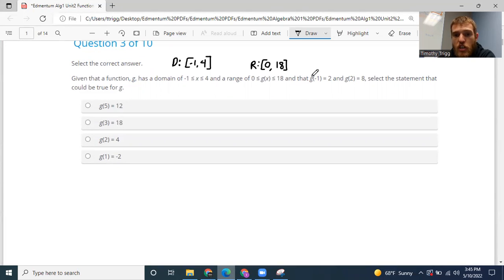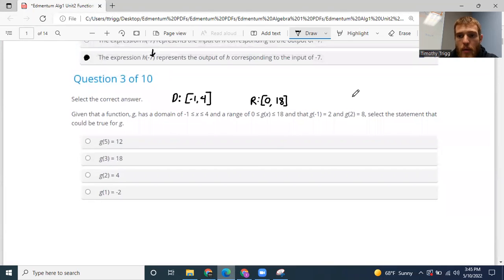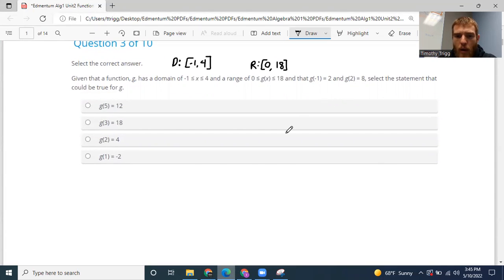And it also says g of -1 is 2 and g of 2 is 8. Select the statements that could be true for g. Well, one thing we could think about is a graph here. I think what they mean to say is that this function is continuous.